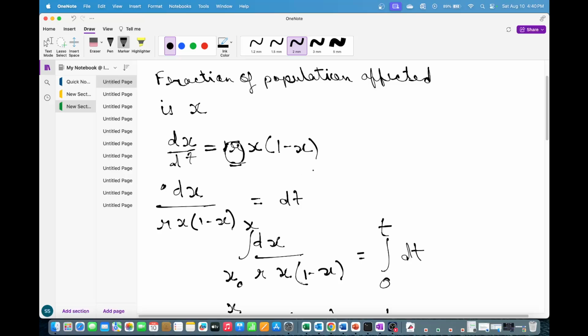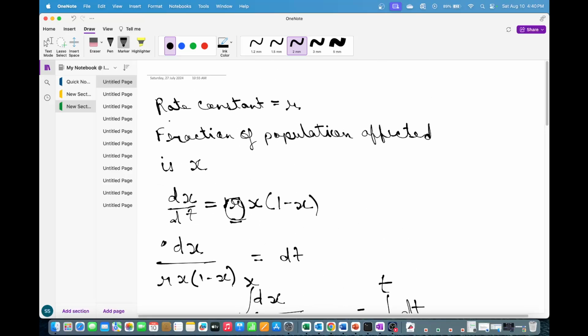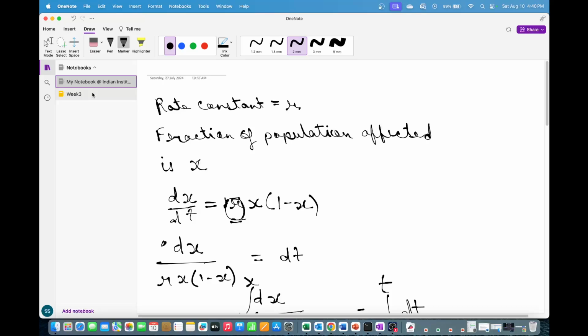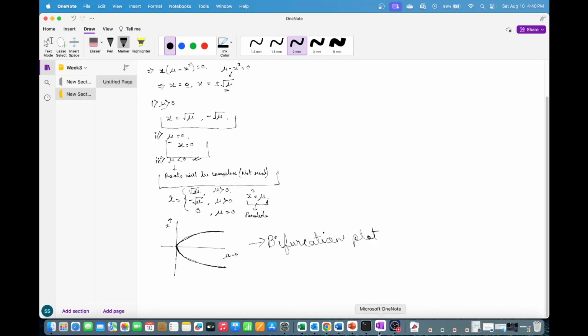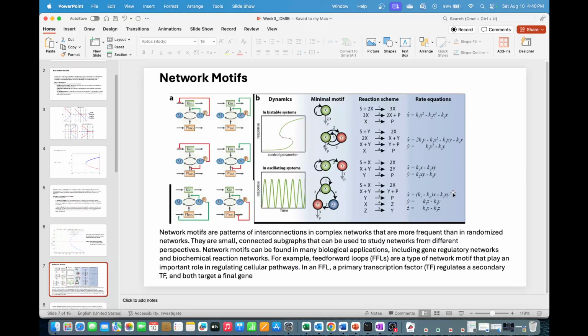In this case, it does not depend much on R, but in other cases, if you have a bigger equation, it will depend on R, and how R is changing your number of steady states and the types of steady states achieved. That is what we are looking for from the bifurcation plots and bifurcation theory. This will come a little bit later.